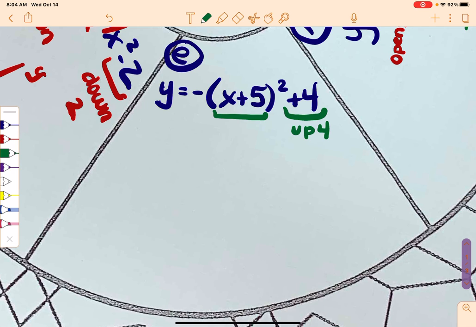If I go inside, that's plus 5. So that means it's going to go to the left 5. Out here, I assume there's a negative 1 there, and that opens down.